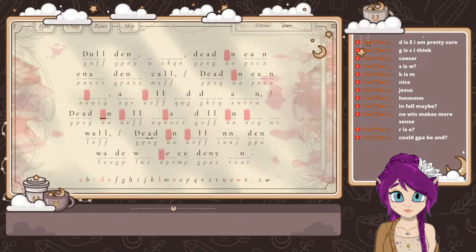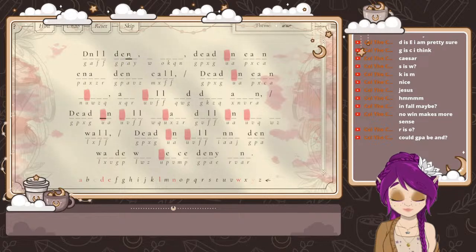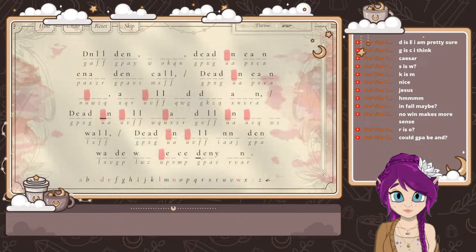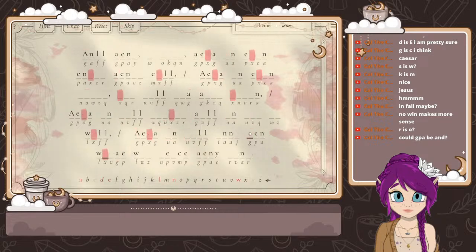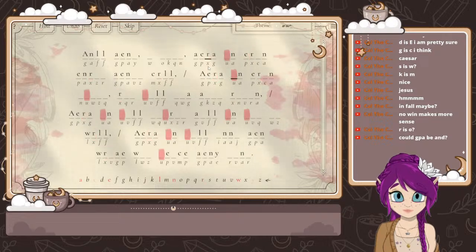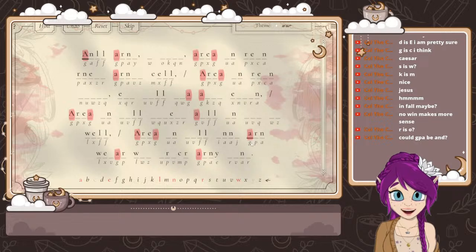GPA. Area. And yeah, G being A is a little weird with the L's.